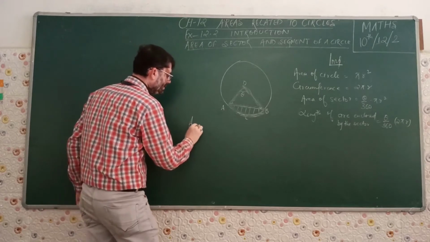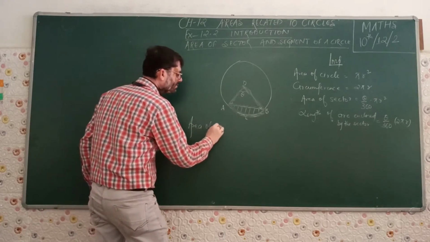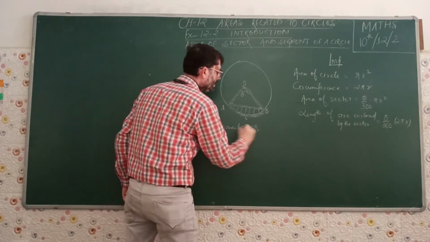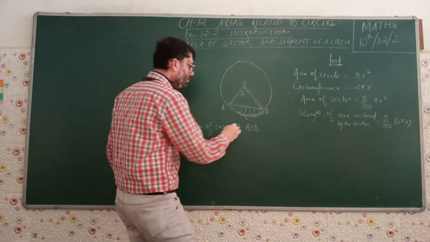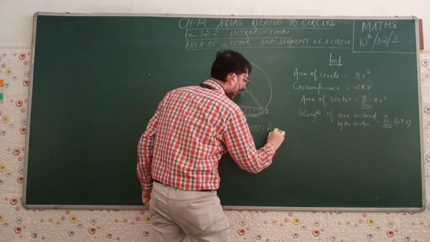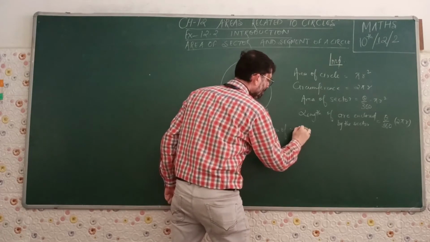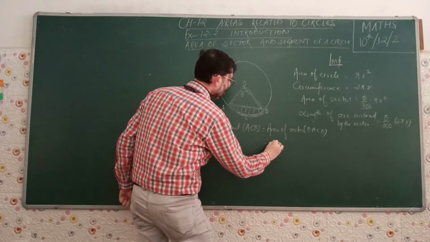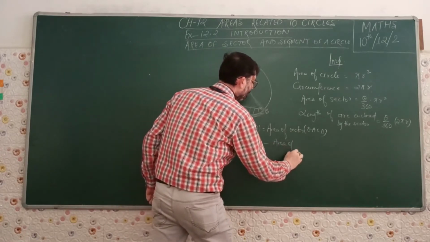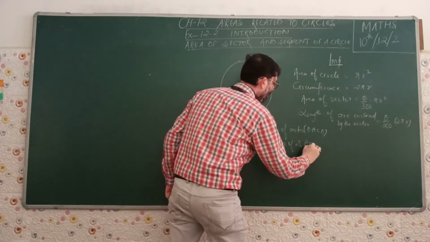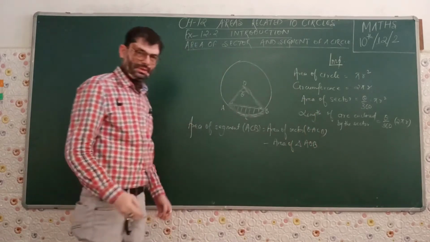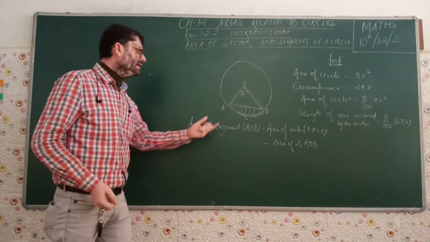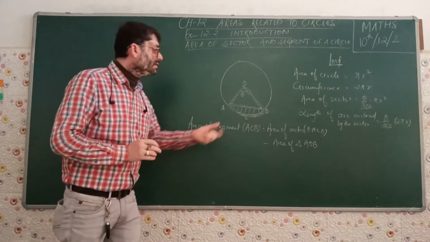So, very easily we can say that area of segment ACB is equal to area of sector OACB minus area of triangle AOB. Now area of the sector minus area of triangle is equal to area of the segment.